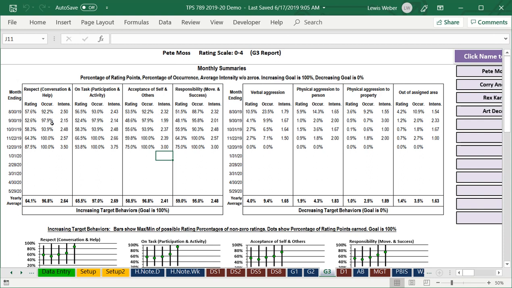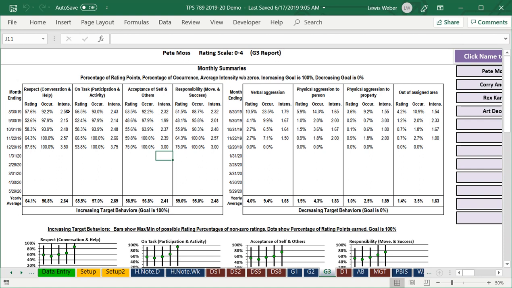All right, let's hop back here one more time, and let's look at the intensity. Intensity is the average intensity without zeros. So when the target behavior occurred, what was the average rating? That's what intensity looks like.